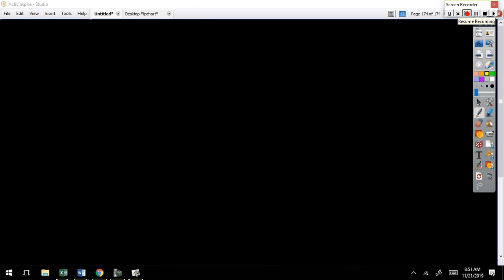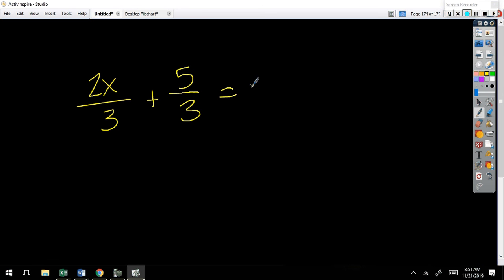Before I show you the hard stuff, and that is just in general solving equations with fractions in them, okay? If I had something like 2x over 3 plus 5 over 3 equals 7 over 3. See how all the denominators are the same? When you get all the denominators the same, this is going to be the key for solving rational equations, okay?